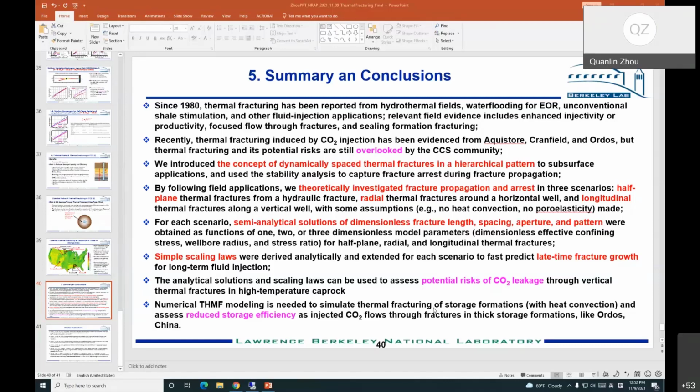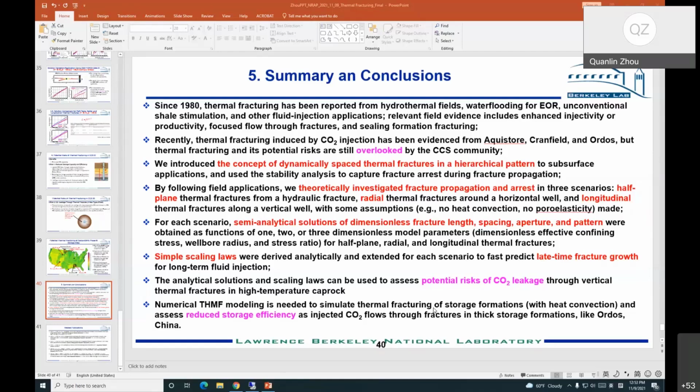For EGS, for geothermal, from the analogs we know they get benefit from that. But for CO2 it is different. Even for EGS, maybe right now they didn't pay attention to the caprock issues. But if the caprock is high temperature, we may have a problem.